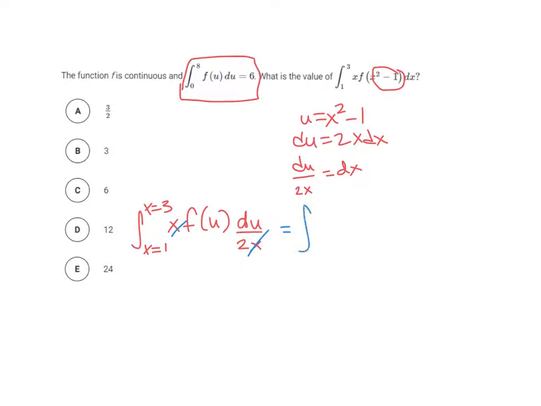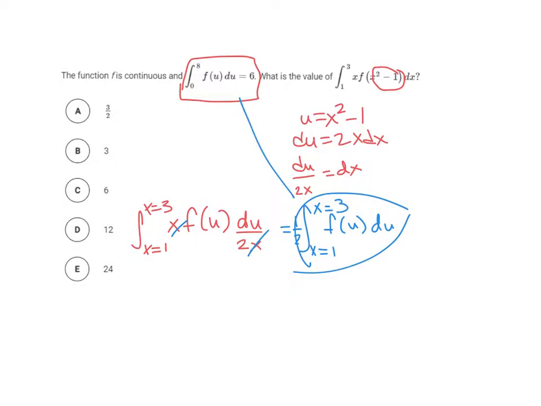So I end up getting 1/2, I'm going to bring that 2 out front, times the integral of f of u du from x equals 1 to x equals 3. And you'll notice that right now what I have here, this part without the 1/2, almost looks the same as the integral that I have up top.